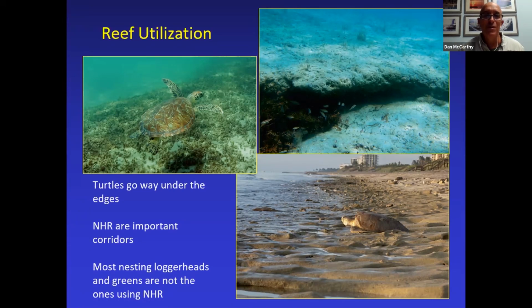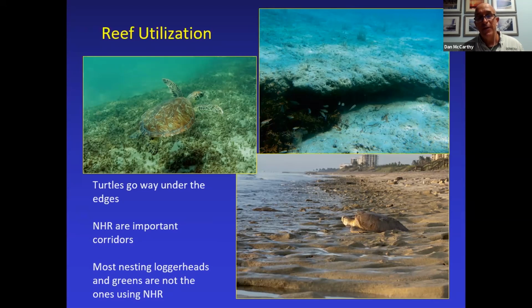You have turtles like the green turtles and the hawksbill, like I mentioned, using food resources in these nearshore reefs, all right? And virtually all the turtles are using nearshore reefs as a corridor, as a pathway to lay their eggs up on the beach, okay?